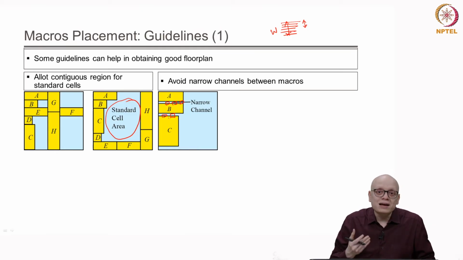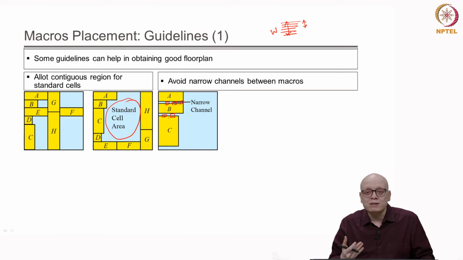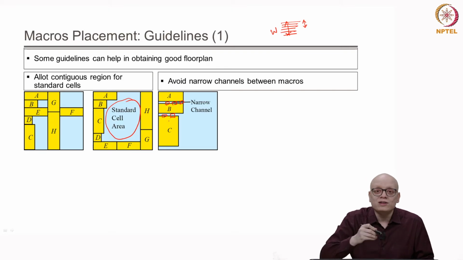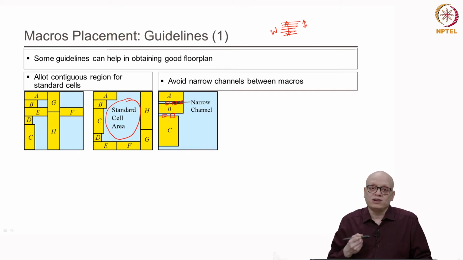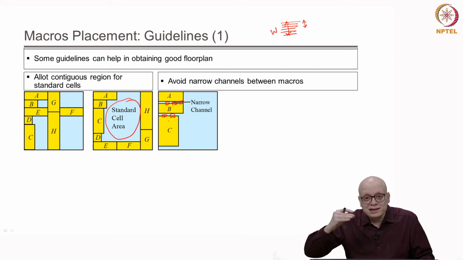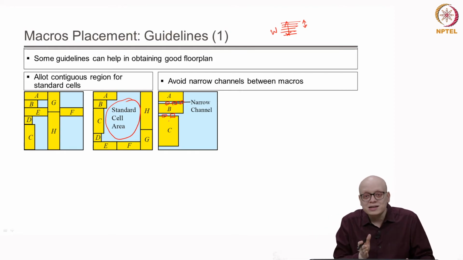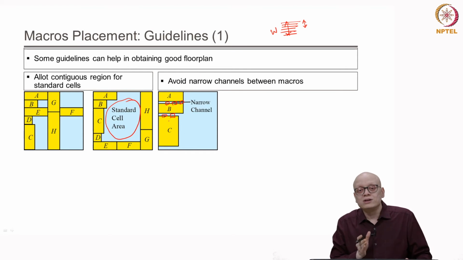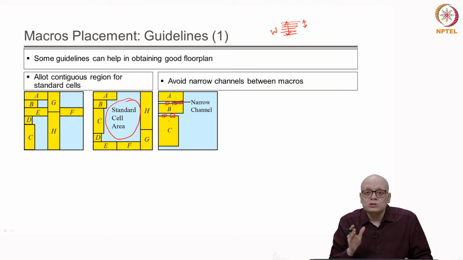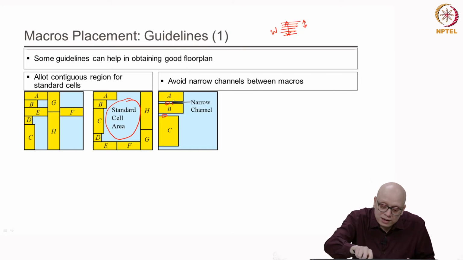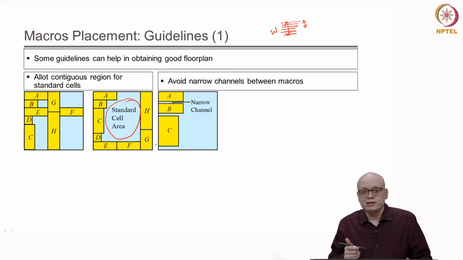Fixing timing problems for this kind of layout can be more difficult. Even upsizing will be difficult, or if the tool wants to insert buffers in these channels, that will also become difficult, and therefore it can lead to timing violations and other kinds of problems in the design. So, we must avoid this kind of narrow channels in our design.